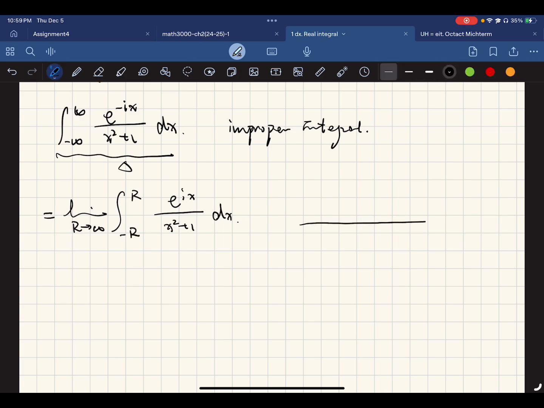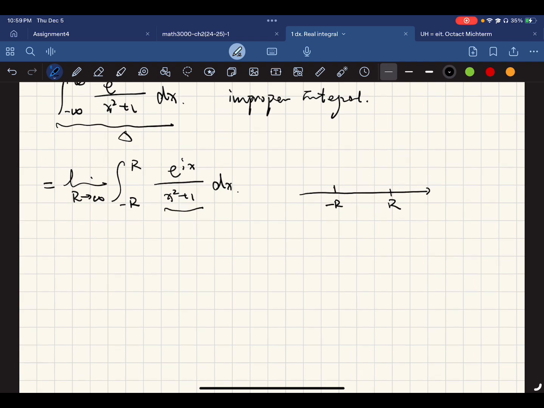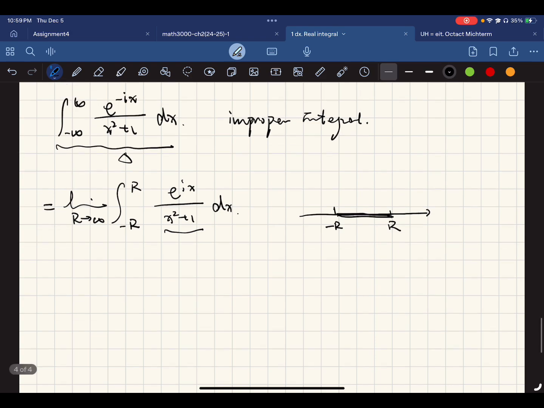And we have the straight line from negative R to positive R. We want to integrate this function along this straight line, and we found that it's not so easy because it's hard to find the antiderivative of this function.